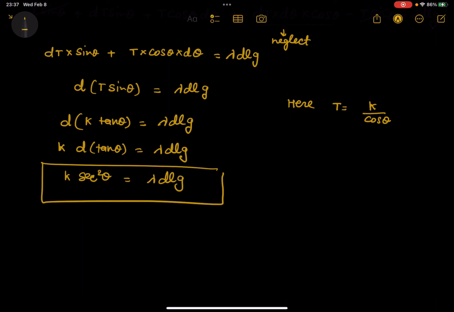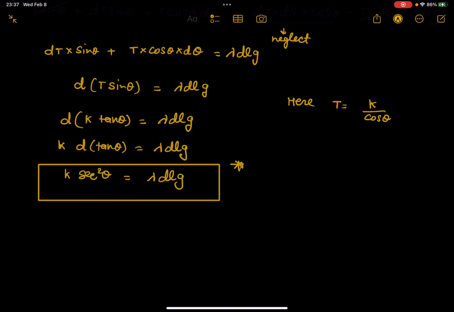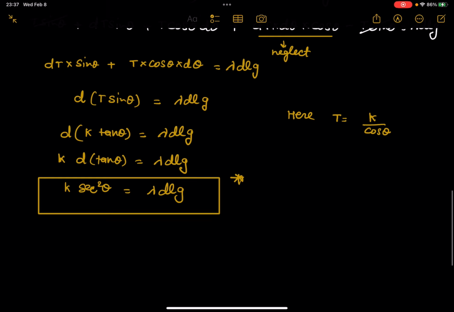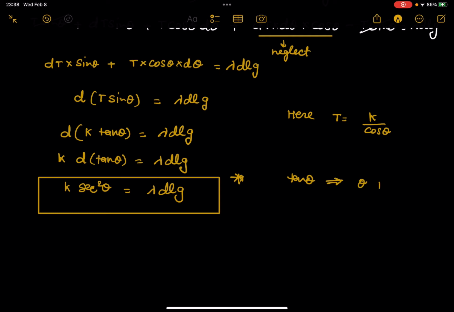So this is the one point. Now just listen carefully. If theta increases, understood or not, we can say that length also increases.